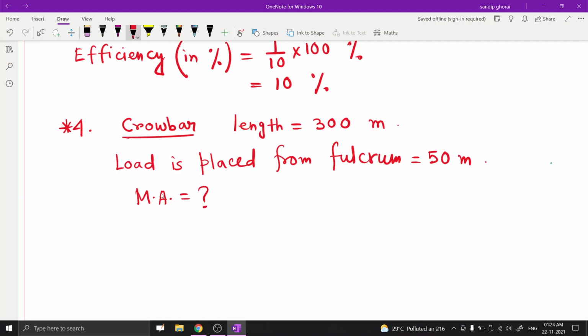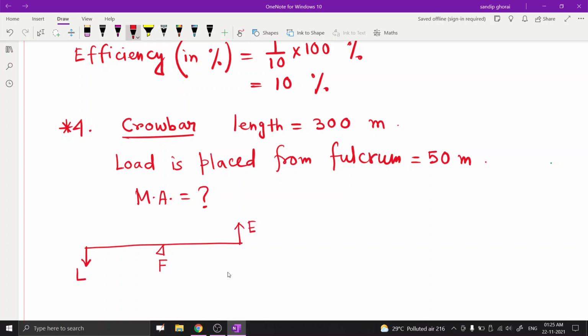So at first we have to know which type of lever a crowbar is. A crowbar is generally a class 1 lever, that means here this is your load, this is suppose your fulcrum, and this is your effort.